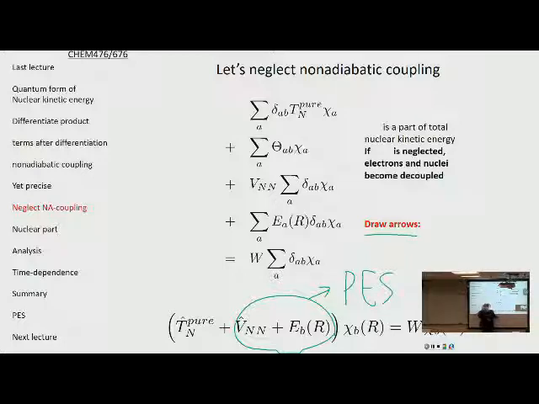If the system is in the ground electronic state, it will be one force. If it is in an excited state, it will be a different force. So interatomic interactions generally depend on the state of the electronic system. Therefore, this index tells that there is more than one potential energy surface. As many potential energy surfaces as there are electronic states.